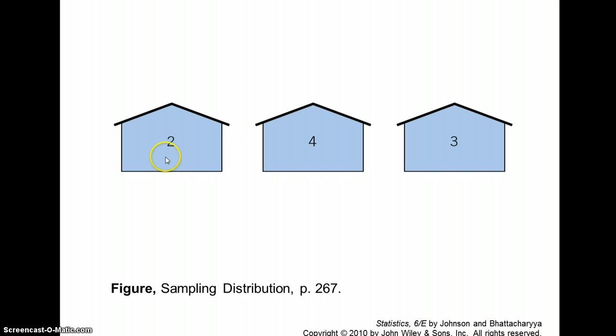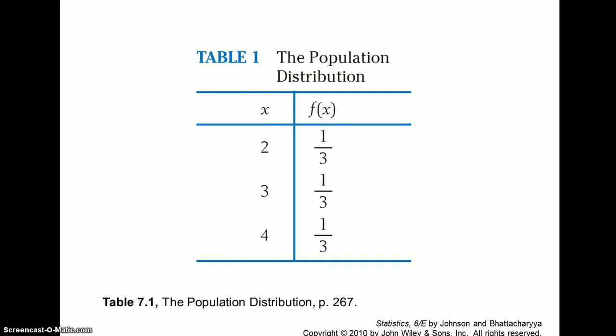So we look at this example. Suppose we have 3 apartment units. The first unit has 2 apartments, the second unit has 4 apartments, and the third unit has 3 apartments. If we take the random variable x as the number of apartments in each unit, this is the distribution.